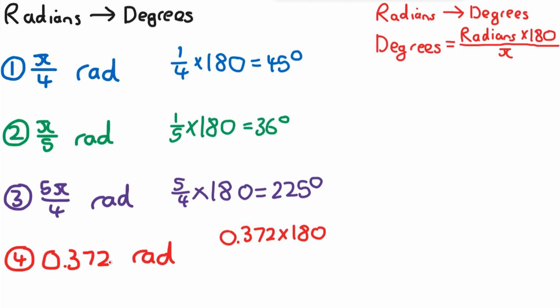So for this one, because there's no pi here, we can't just cancel out the pi, we're actually going to have to divide it by pi and put it into our calculator, because this value has been multiplied by pi to get the radian value. So therefore it's 0.372 times 180 divided by pi, follow the formula, and this is equal to 21.31 degrees.